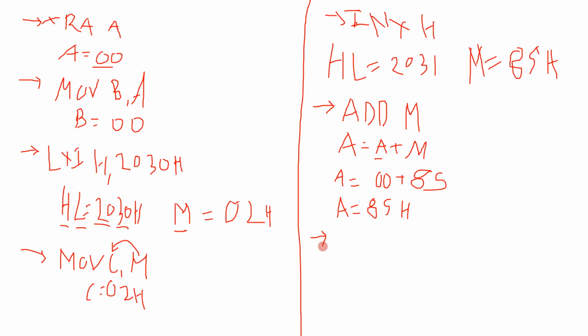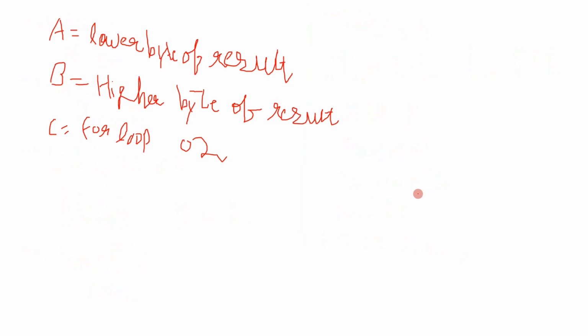After this, there is next instruction JNC 200C. Now when we perform this addition, 00 plus 85, we'll convert this into binary. What we will get?